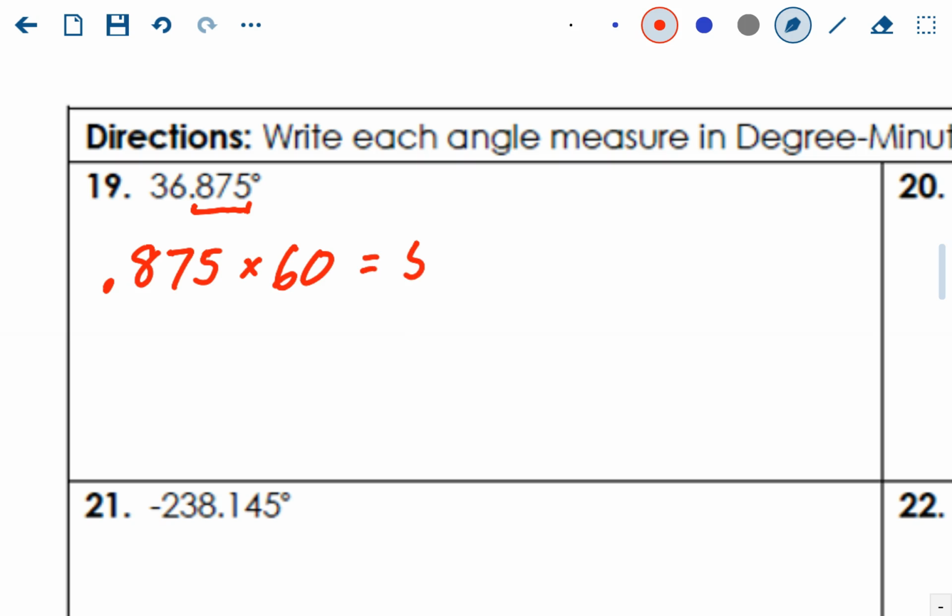And that gives us 52.5. So that 52 is going to be our minutes. The 36, that was in the original problem, the whole number, that's our degree.